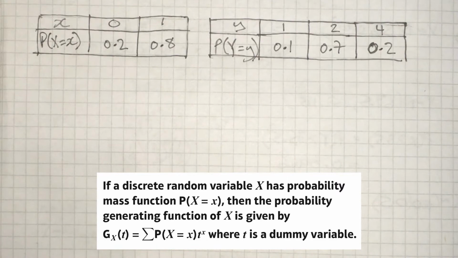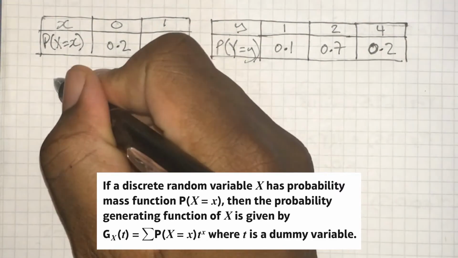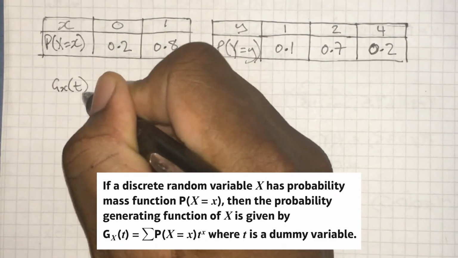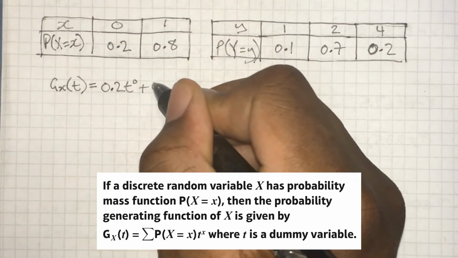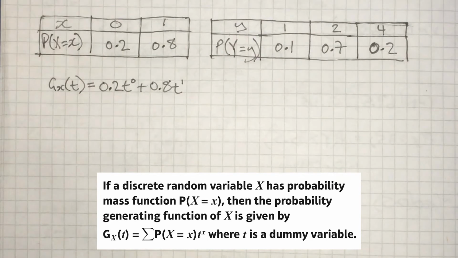So the notation here we'll use, I'll refer to as G_X of t. So that's the generating function for the X variable. I'll start with the outcome 0. So I'll take its probability, 0.2, and I'll multiply it by the dummy variable, which would be t to the power of 0. I'll do the same for the outcome 1.